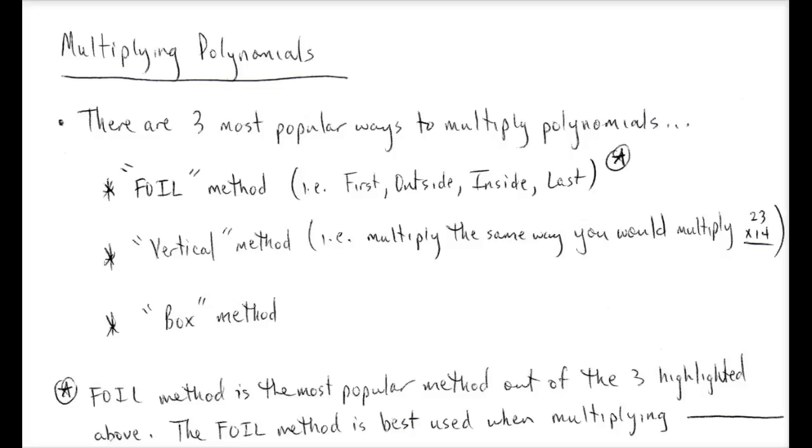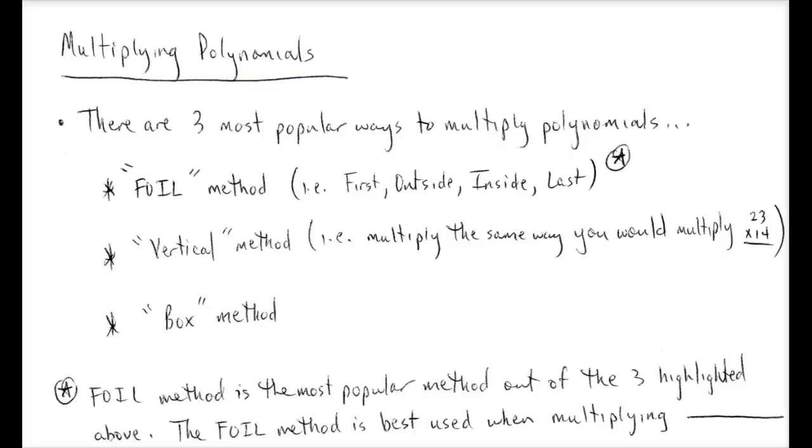Another method would just be the vertical method, or I like to call it the vertical stack method. I like to use this method whenever I am multiplying polynomials that don't have the same number of terms in it. In particular, if I'm multiplying anything where I'm not multiplying two binomials together.